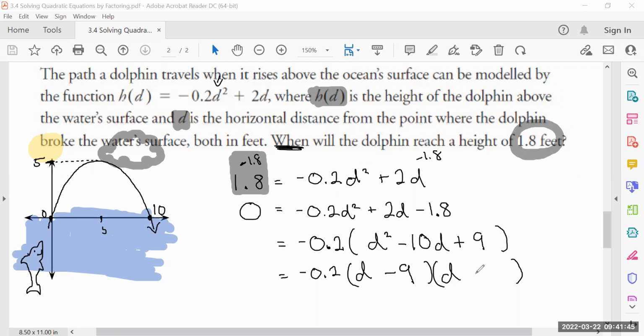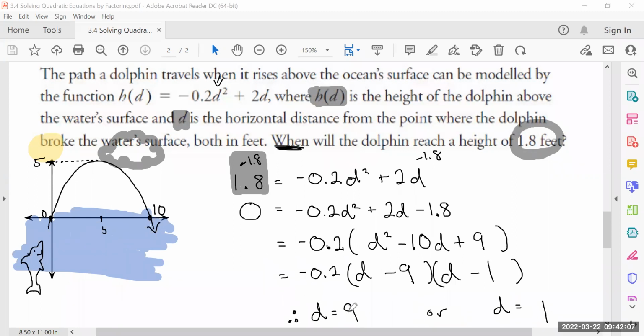Negative 9 and negative 1. Which means d is going to be a 9 or d is going to be a positive 1. What does that mean? That's weird. That's totally different from our answer before.